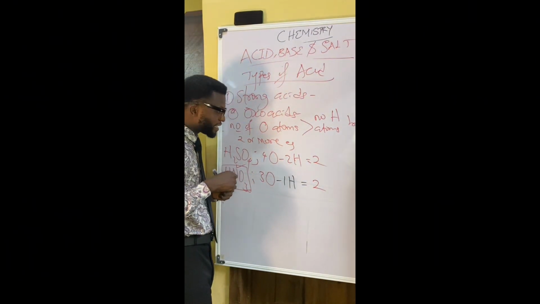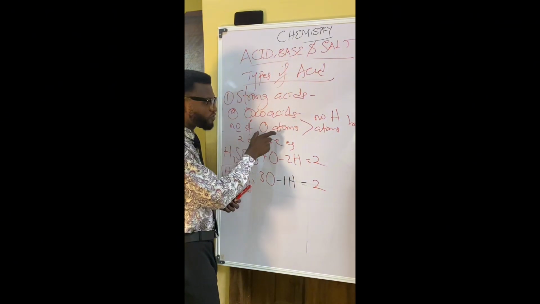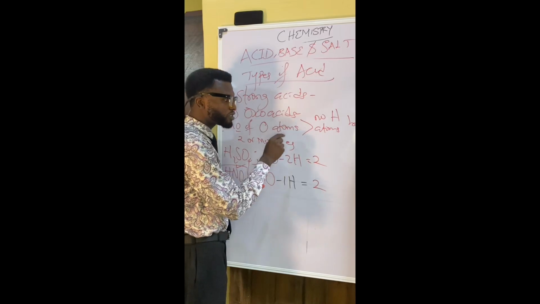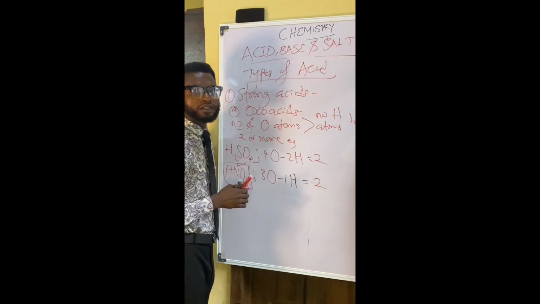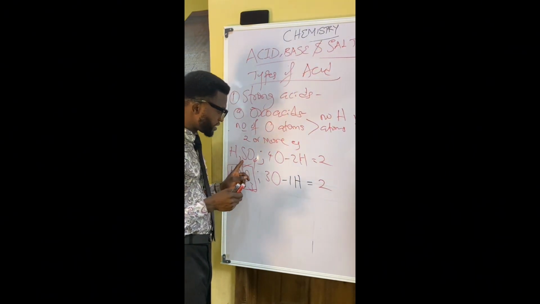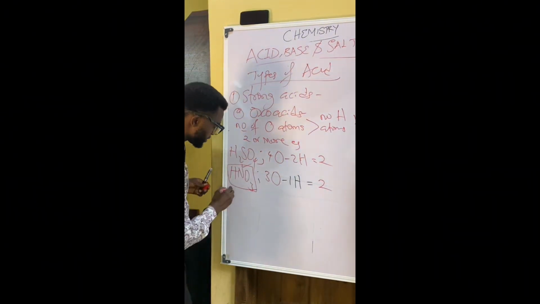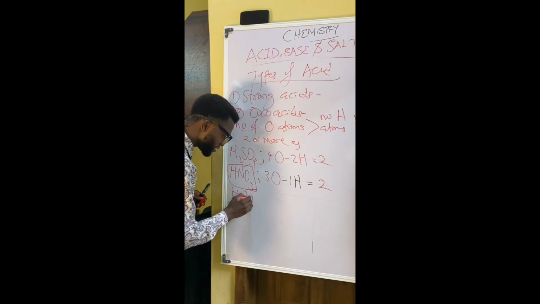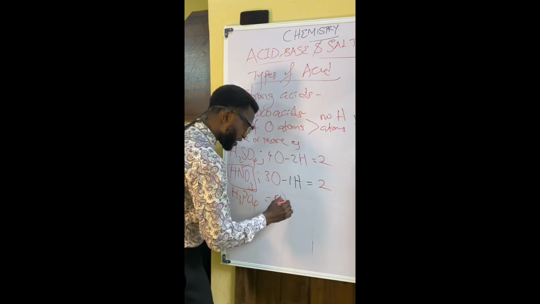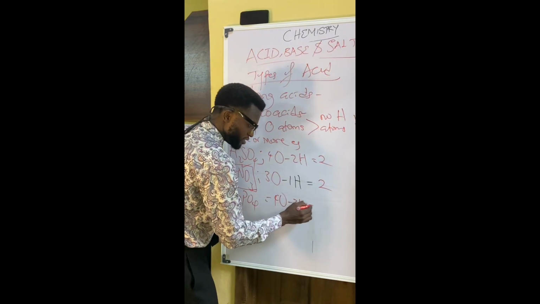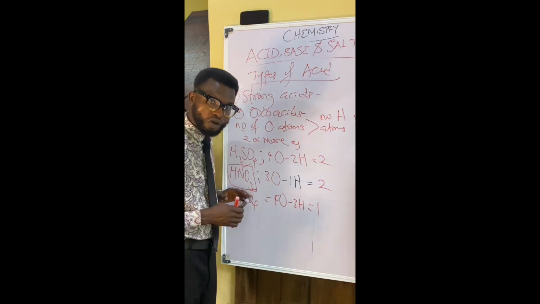Recall I stated that to identify a strong oxo acid, the number of oxygen atoms must be greater than the number of hydrogen atoms by 2 or more. Just as you can see, 4 oxygen atoms, 2 hydrogen atoms, the difference is 2. Then tetraoxophosphate(V) acid: the number of oxygen atoms here is 4 and the number of hydrogen atoms here is 3. The difference here is 1. That means that this is not a strong oxo acid.